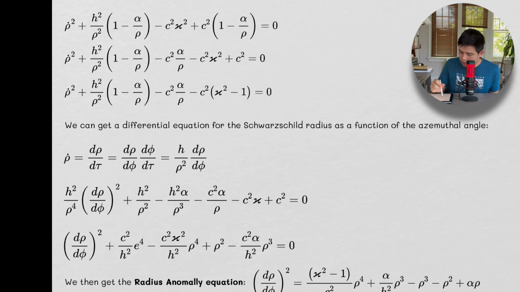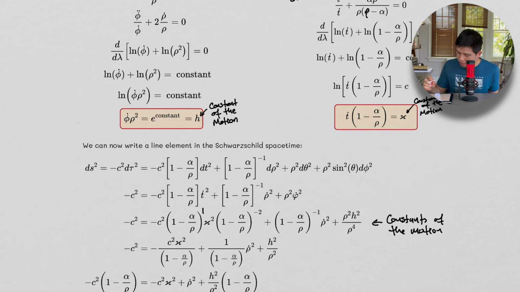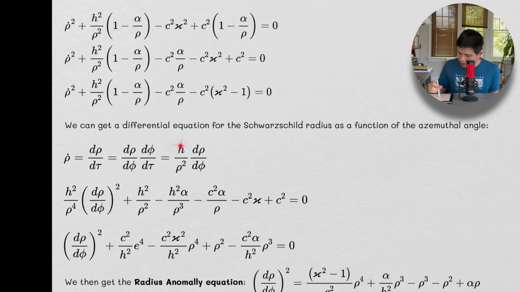And then we get this, because d azimuthal by d tau is this dot, so that's going to be h divided by this, right? So h divided by that.